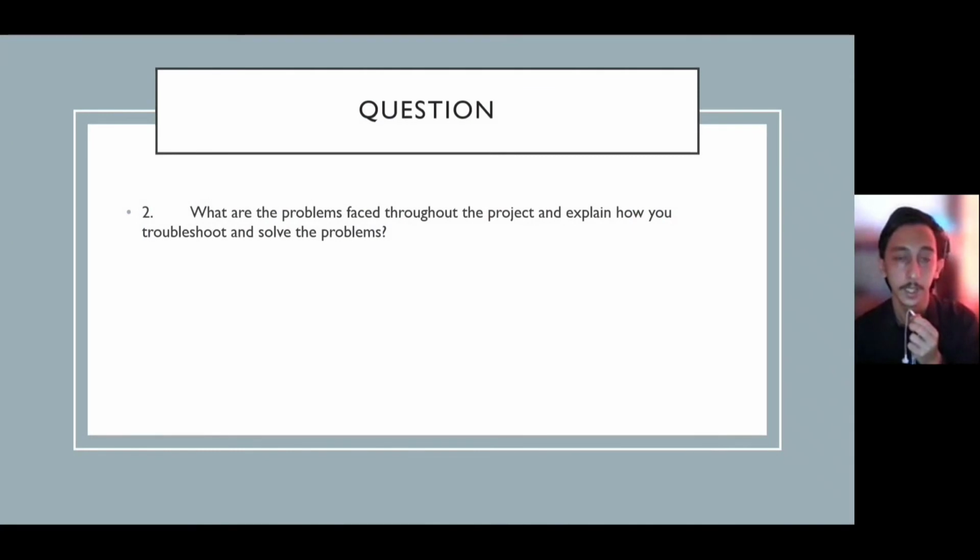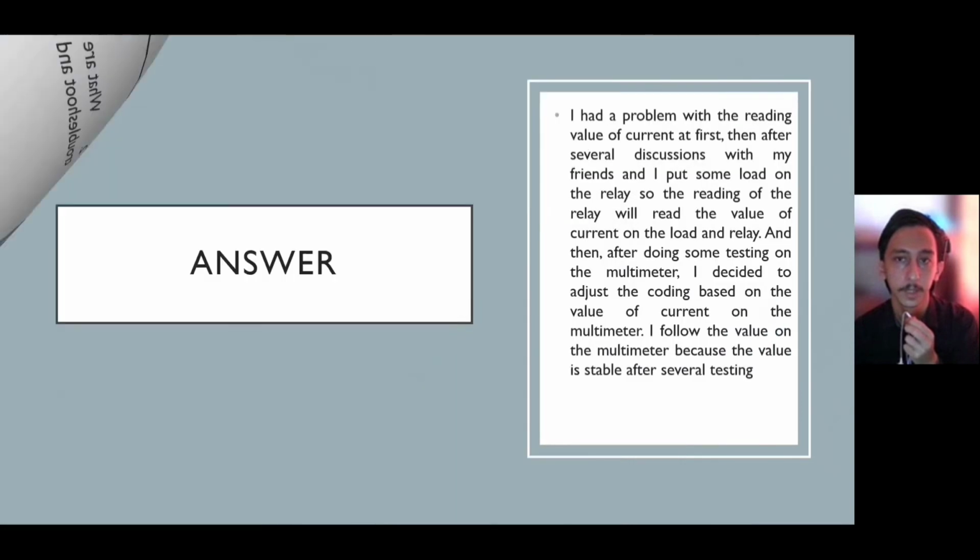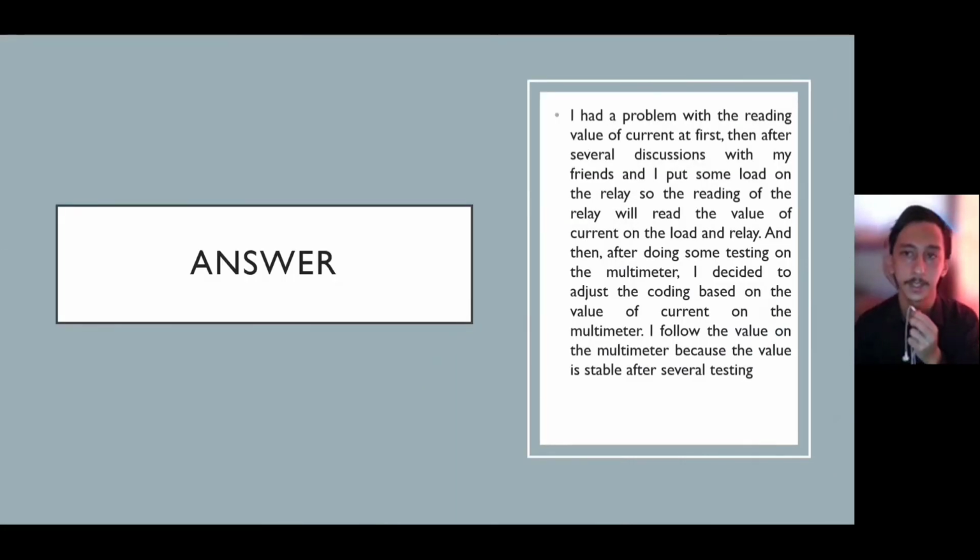The second question is, what are the problems faced during the project, and explain how you troubleshot and solved the problem. The answer is yes, I had a problem with the reading value of current at first.